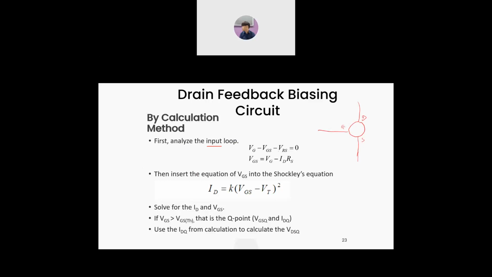Let's say we have RS, meaning a resistor at the input. Just like a BJT, this is our input region and this is our output, but this also depends on the question. Generally this is your input.